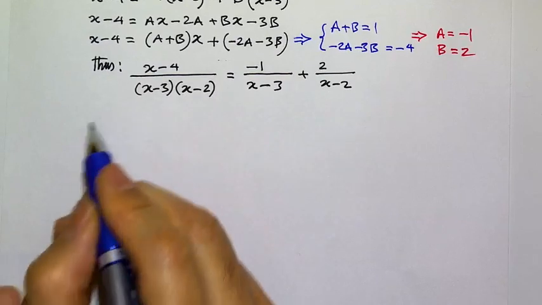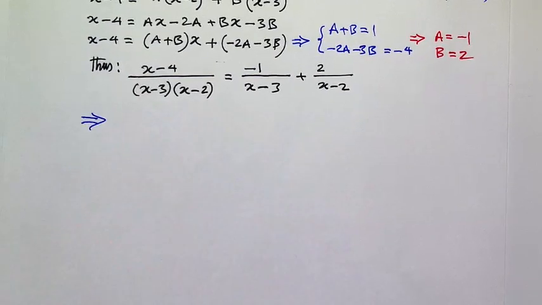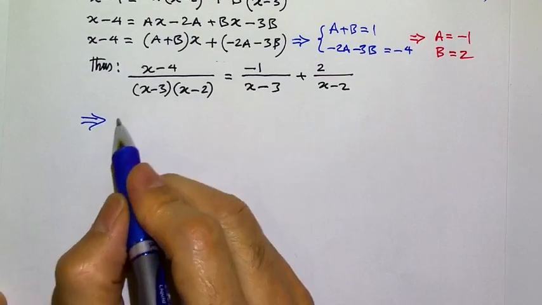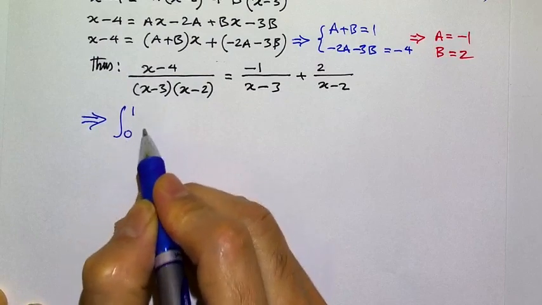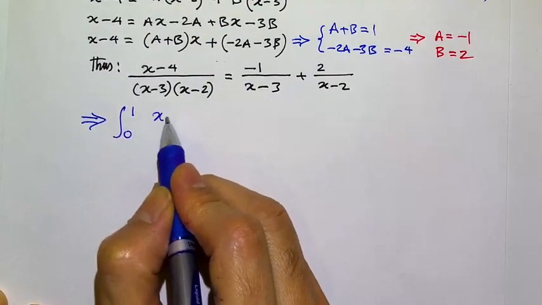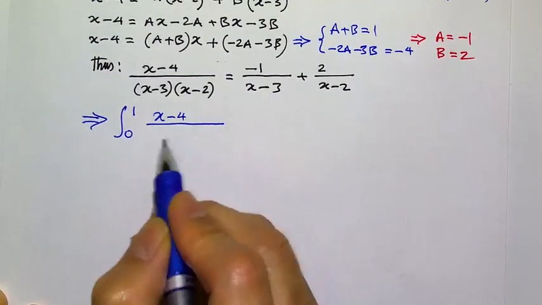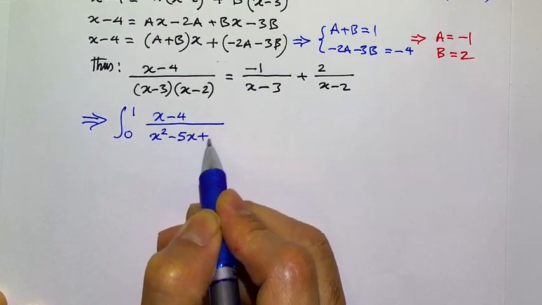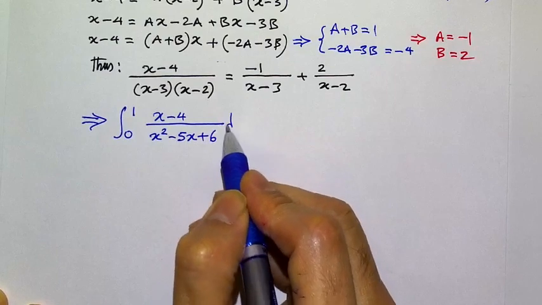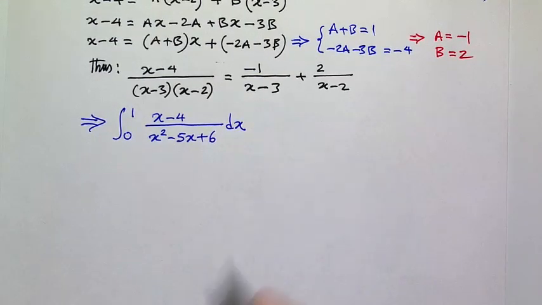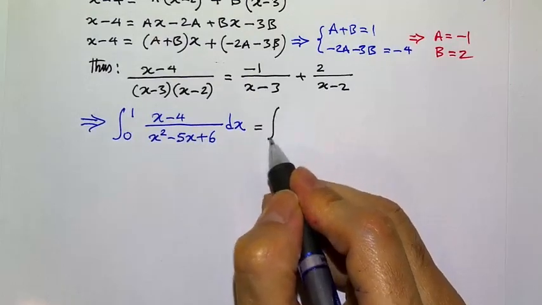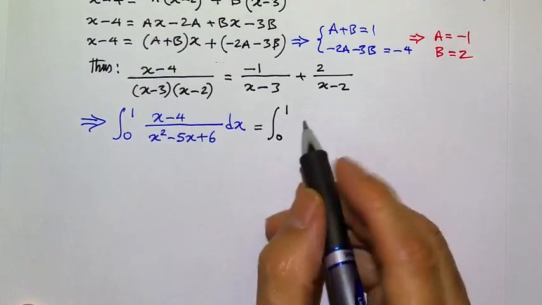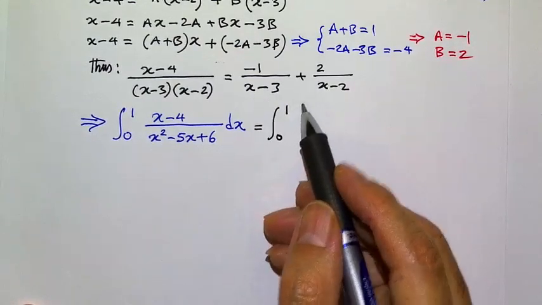So therefore, we have the original integral from 0 to 1 of x minus 4 over x squared minus 5x plus 6 dx is now equal to the integral from 0 to 1 of all of these two.